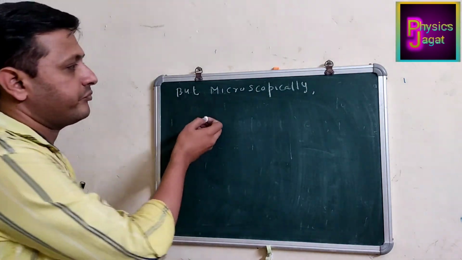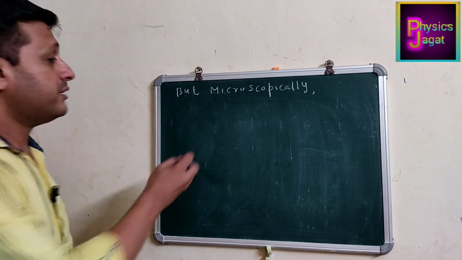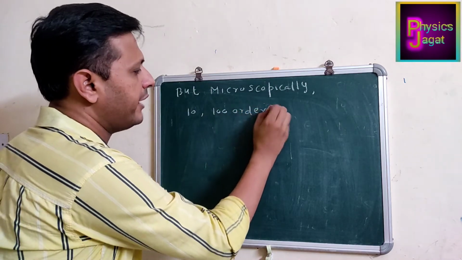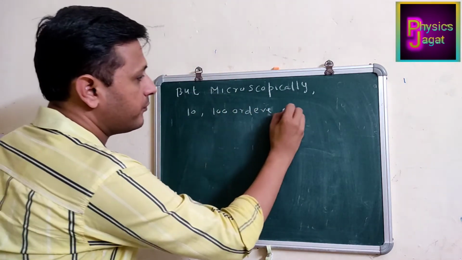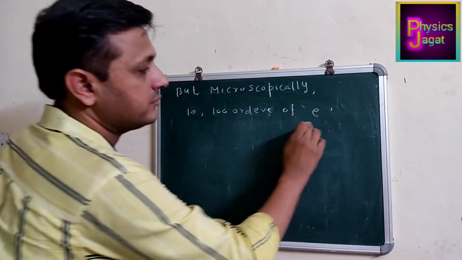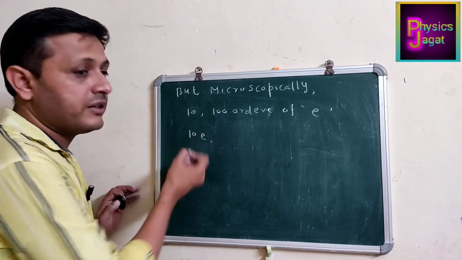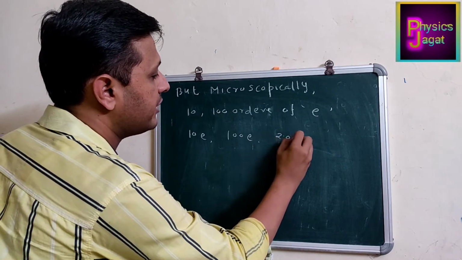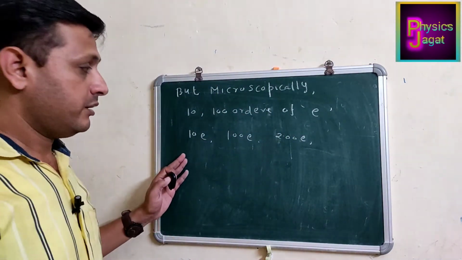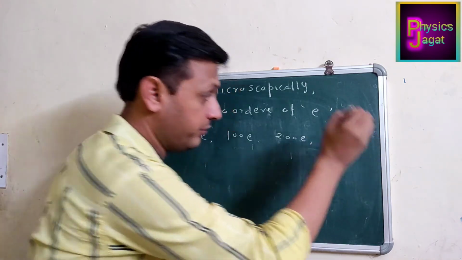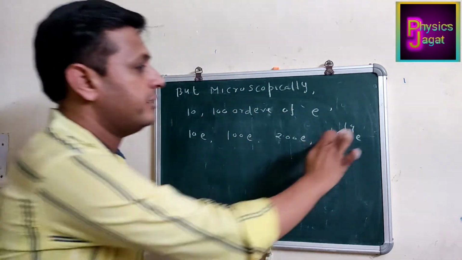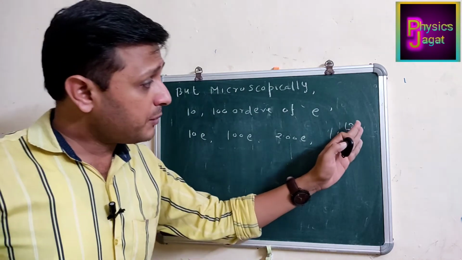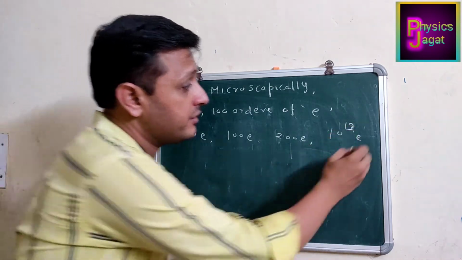At atomic level, charges are of the order of 10 to 100 times the electron charge E. There we consider 10E, 100E, 200E, that much microscopically, not 10 to the power 13 E. That is huge, and that is macroscopic, which is why compared to 10 to the power 13, E is very small.